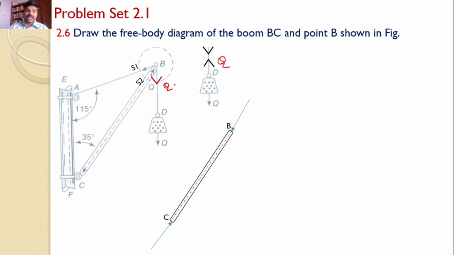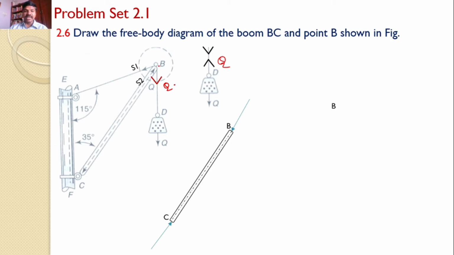If you look at that same force from point B, then this force direction will be opposite to the force already acting on BC. That means as far as BC is concerned, at B the force is acting in the downward direction, but from point B the same force will act in the upward direction to satisfy the equilibrium condition. So this is the free body diagram of BC.